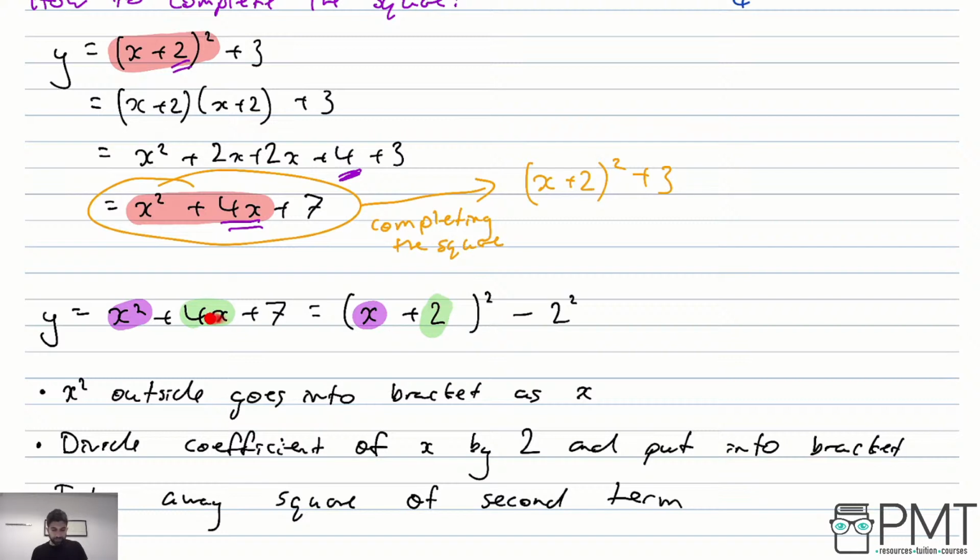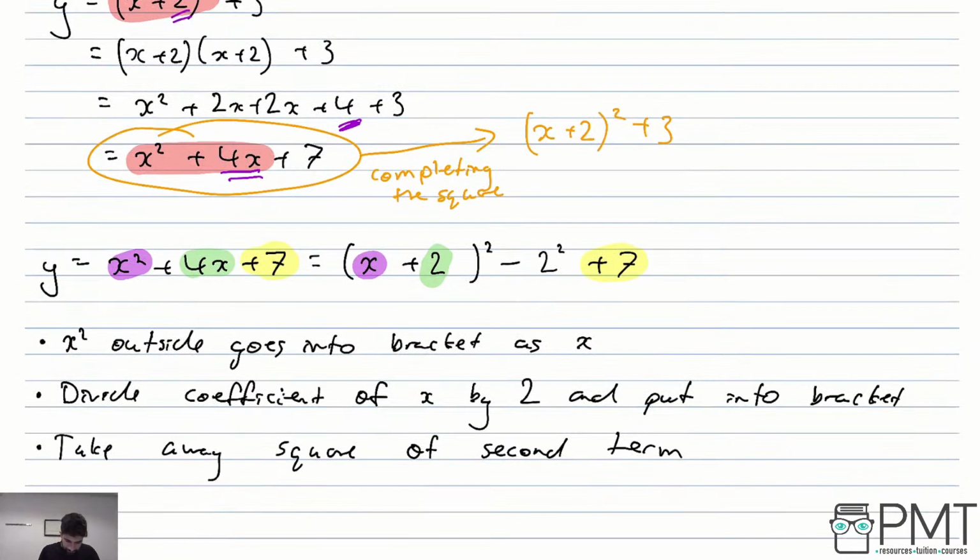This one, the green one, gives me the 4x. That's okay. And the square of the green one, I'm taking that away. What I need to do is still add 7, because the 7 was just waiting there. I hadn't done anything with the 7. So the 7 you need to add at the end. So these are the rules. These are the steps. And if you follow these then completing the square will always work. So let me write the last one, add the constant term.